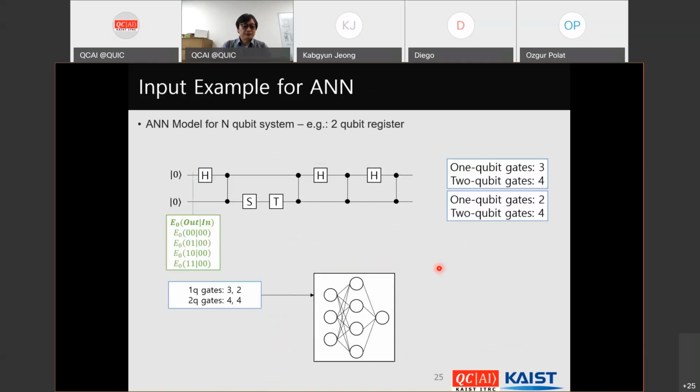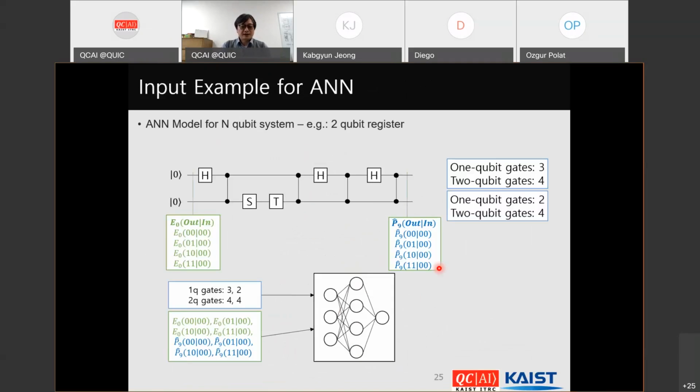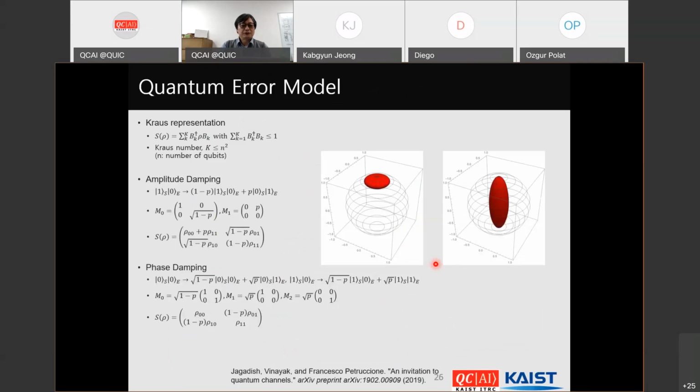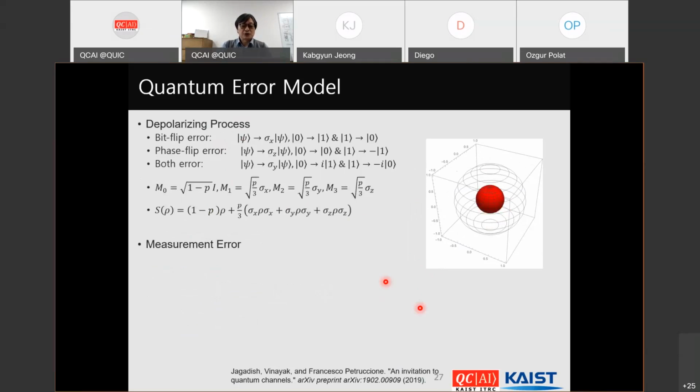We trained, and at the end of the circuits, we produce the circuits with a cross representation of the errors. Amplitude damping happens, phase damping happens in the result, and depolarization can happen too.